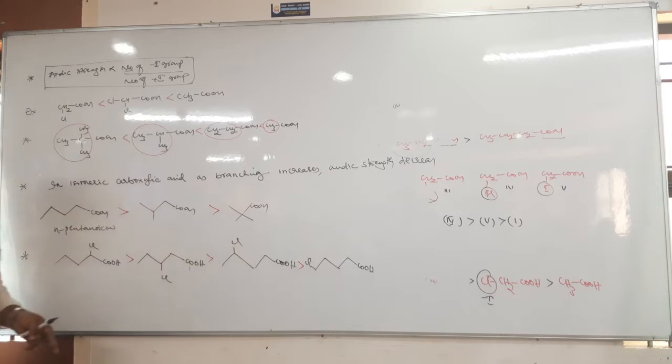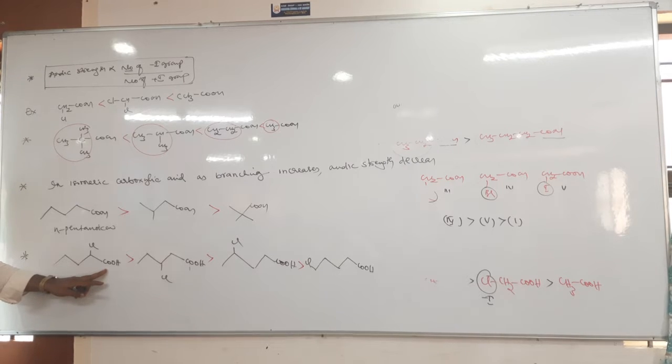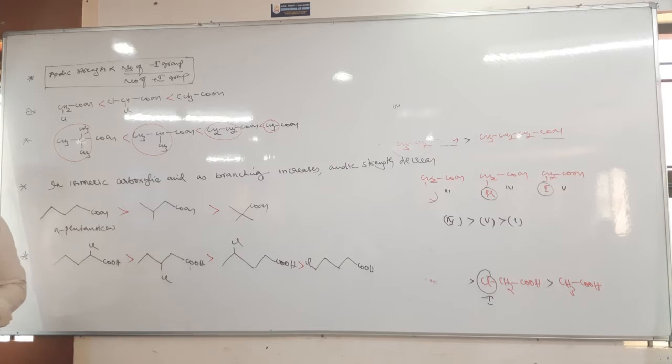As the distance between the minus I group and the carboxylic group increases, acidic strength decreases, right.